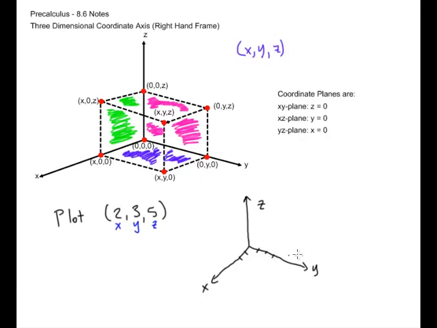Where they intersect, that's the point (2, 3). But I also need my third dimension, z. So 1, 2, 3, 4, 5, straight up. So somewhere right around in here is the point (2, 3, 5).